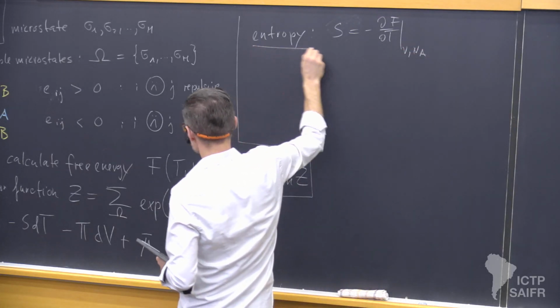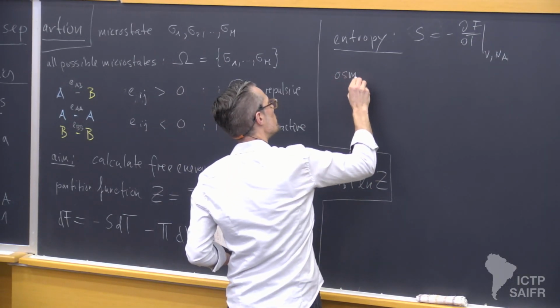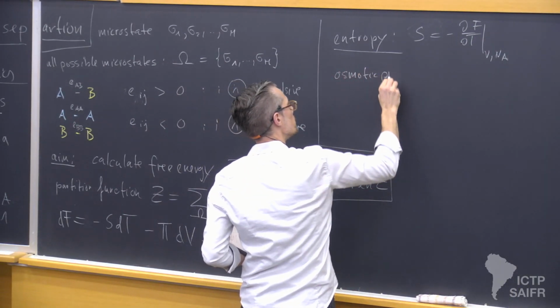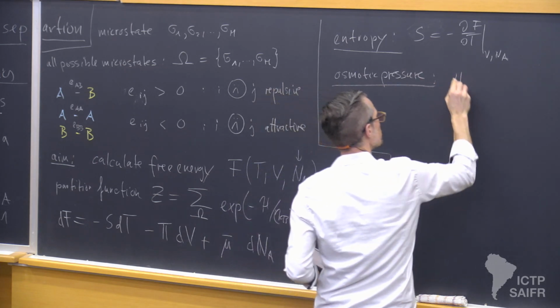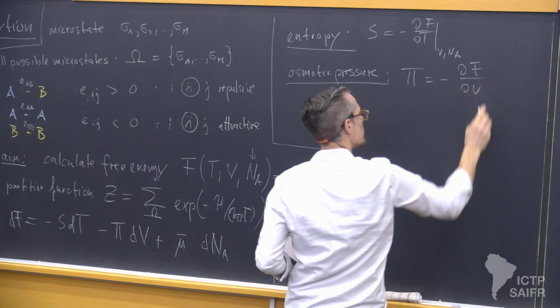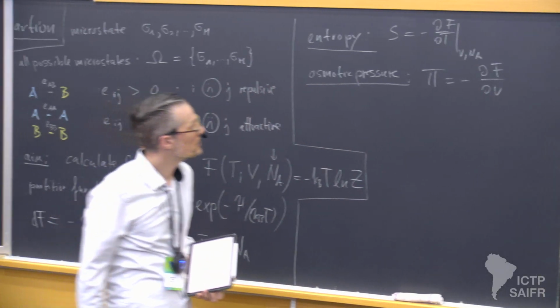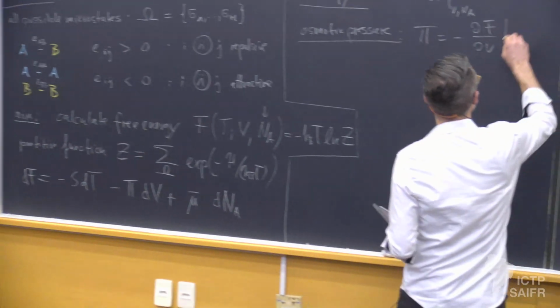This is the entropy. The osmotic pressure is minus the derivative with respect to volume at fixed temperature and NA.